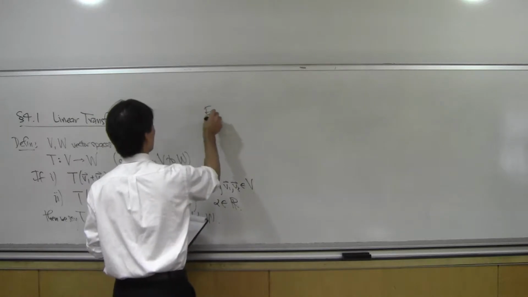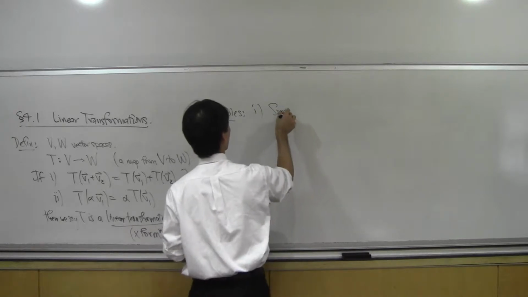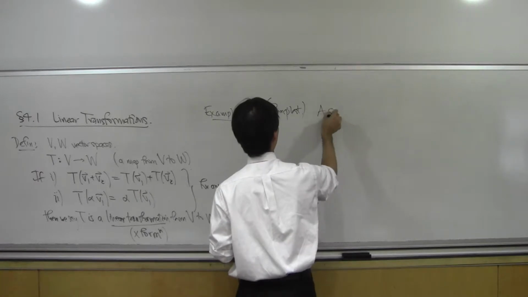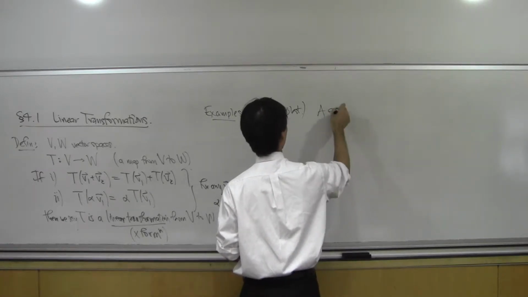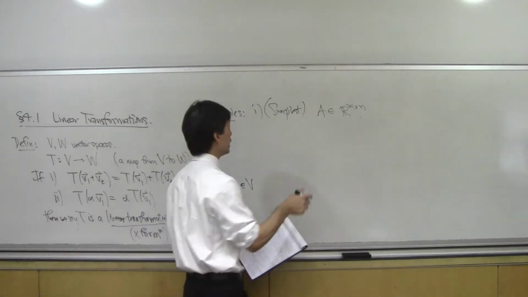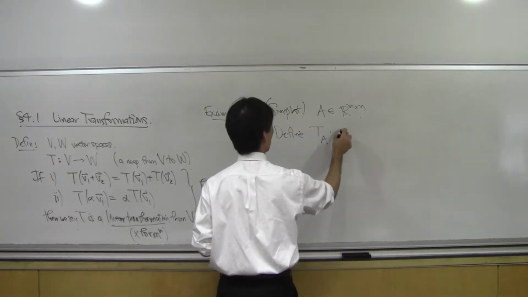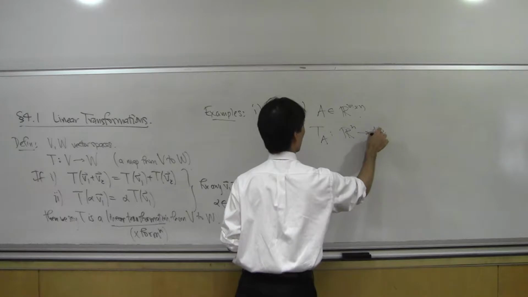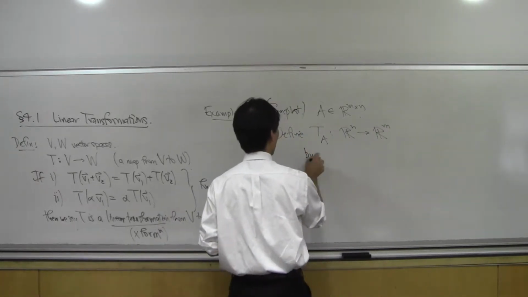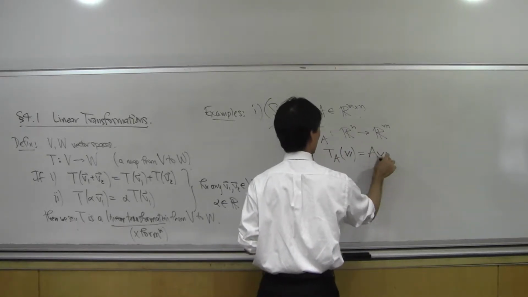So let's give some examples. Here's the simplest one. Take any m by n matrix A, and define T sub A as a map from Rn to Rm by saying T sub A of V is just AV.